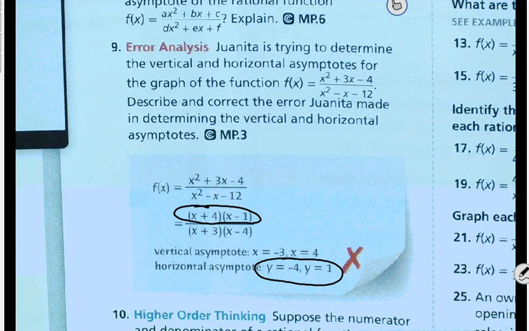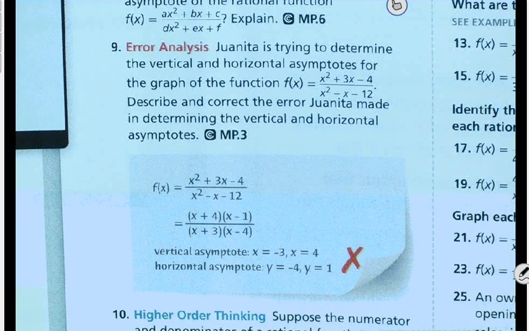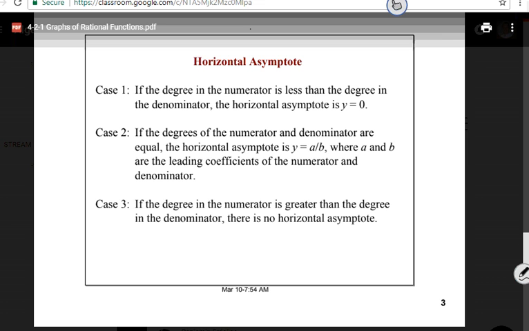But we know that's not how we find horizontal asymptotes. Horizontal asymptotes come from the three different cases, right? So Juanita needs to choose which case her function falls under and then apply that rule.